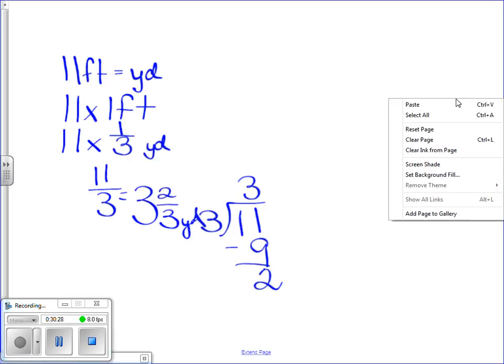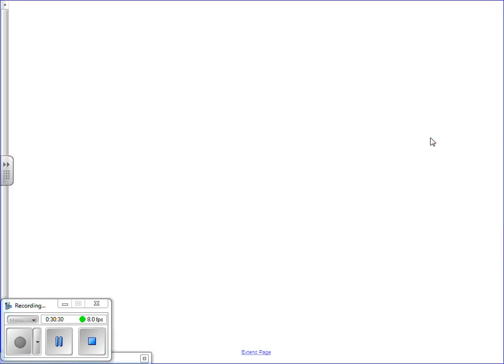Okay. Now to the part that gets a little bit tricky. It's just one extra step. So 5 and 1/2 feet equals a yard. We already know that we're going from a small unit to a big unit, so we have to divide.